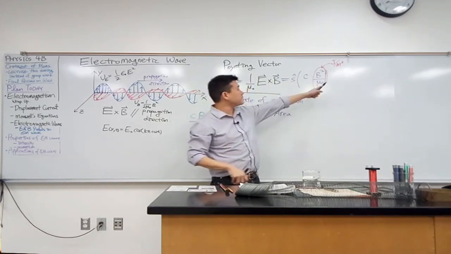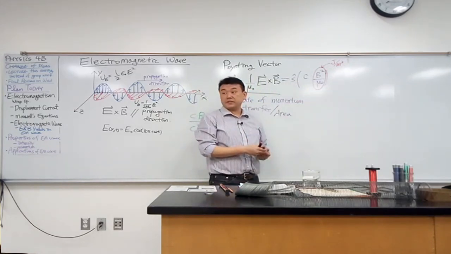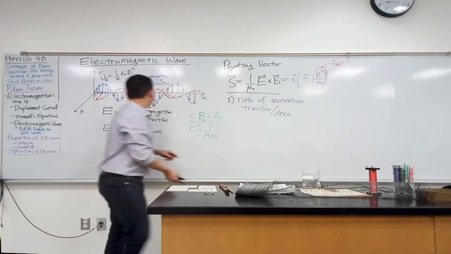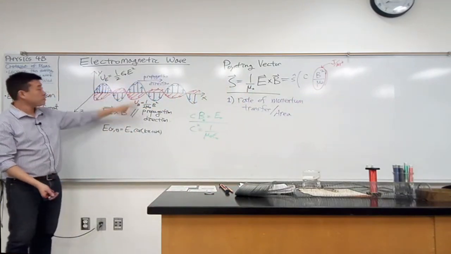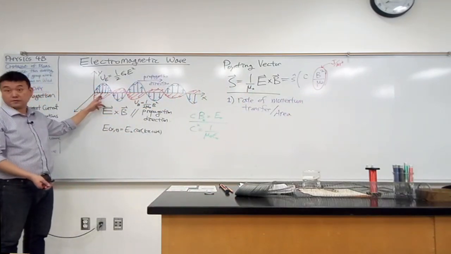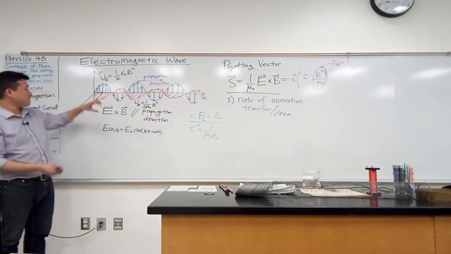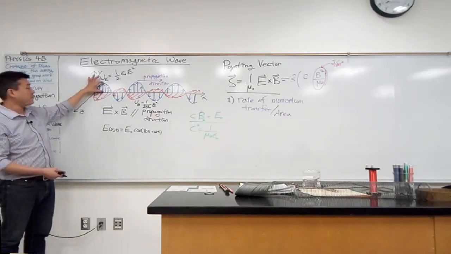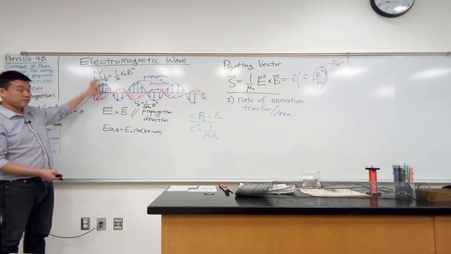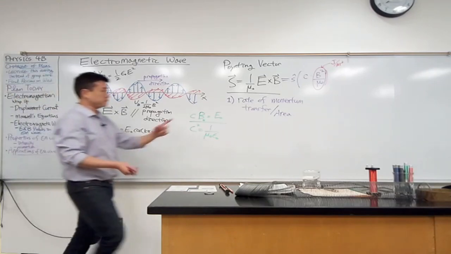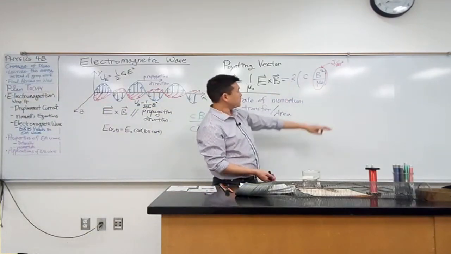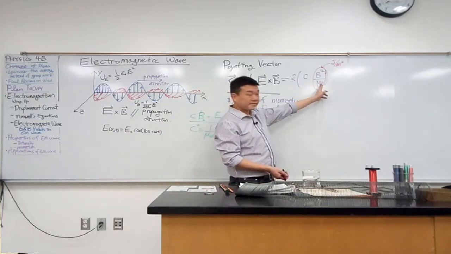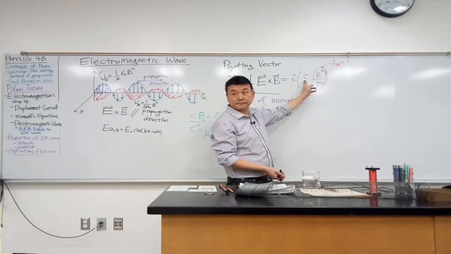And it turns out that this is actually the energy that is stored in this particular region due to this electric and magnetic field being there. Half of that is in the magnetic field, and you can actually rewrite that to get the other half that's in the electric field. So that's what this expression is: energy density times speed of light.